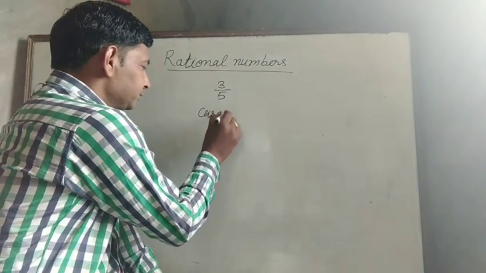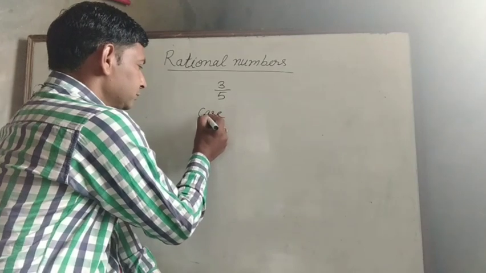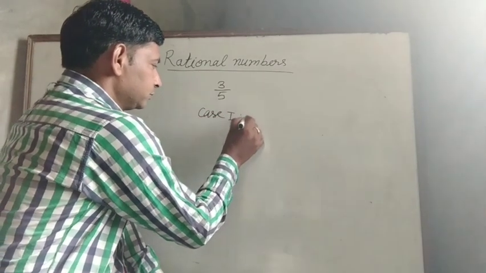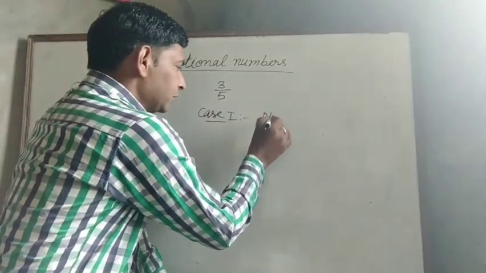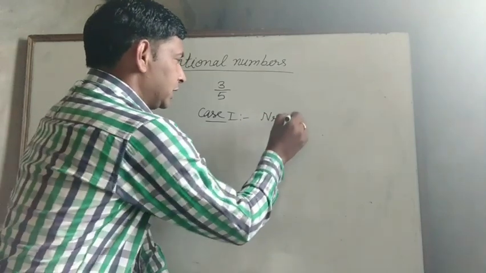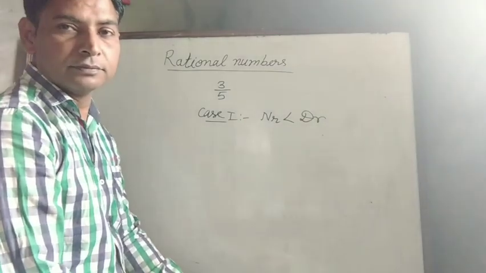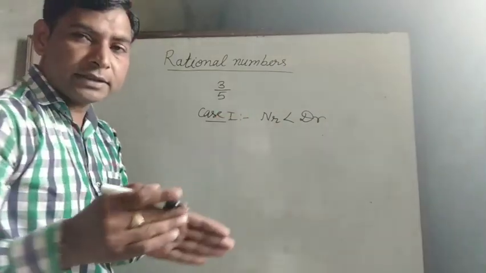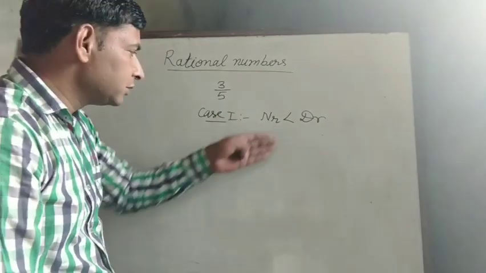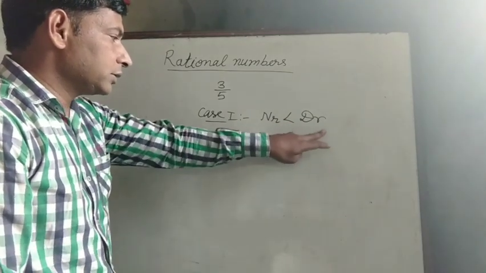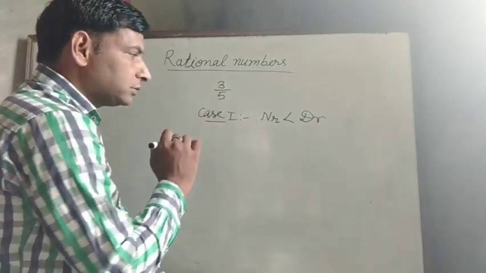Case first: the numerator is less than the denominator.